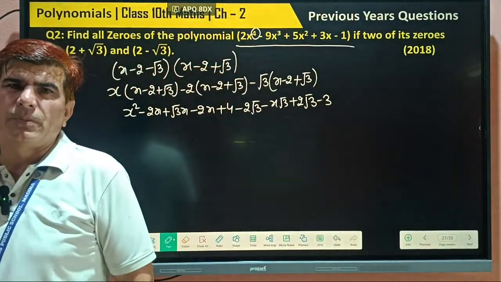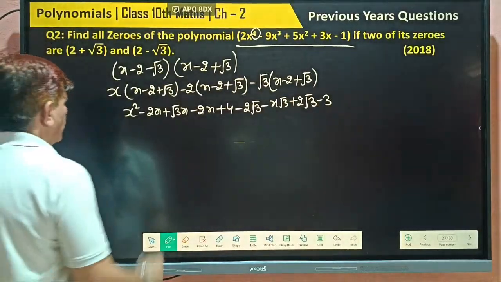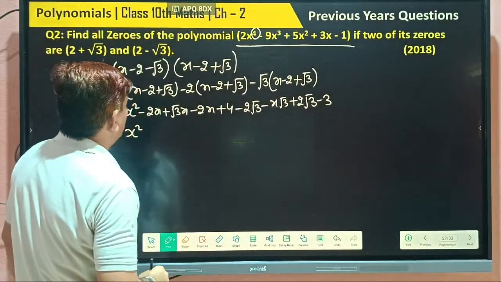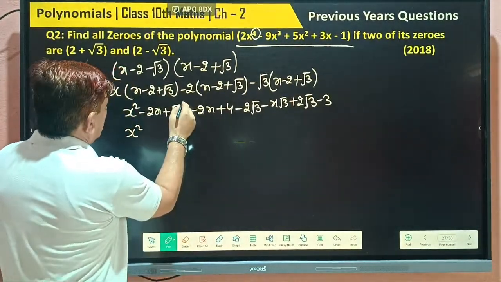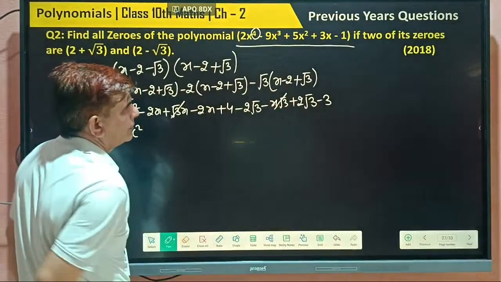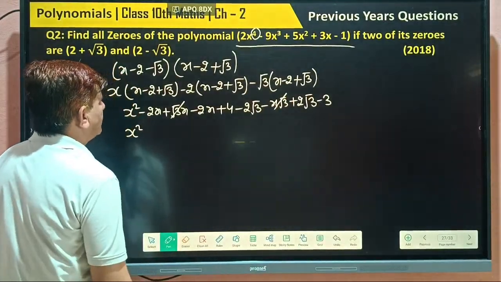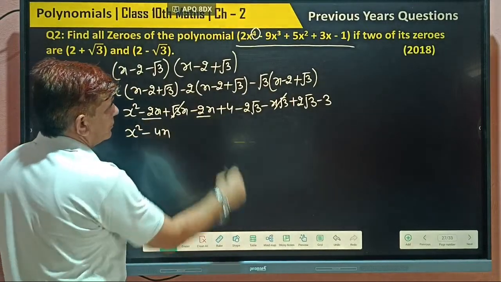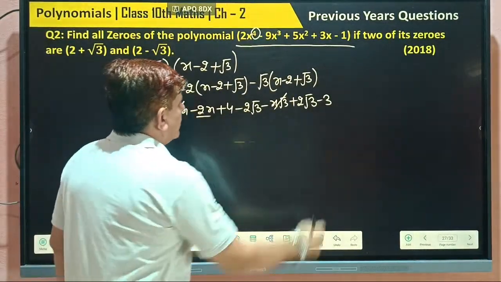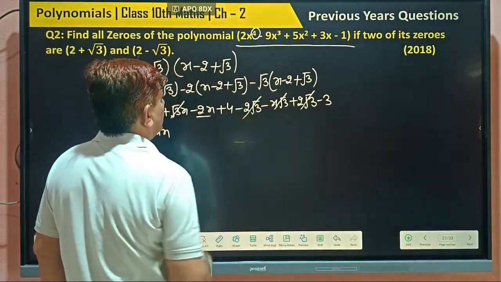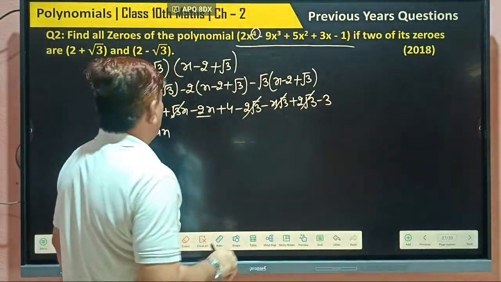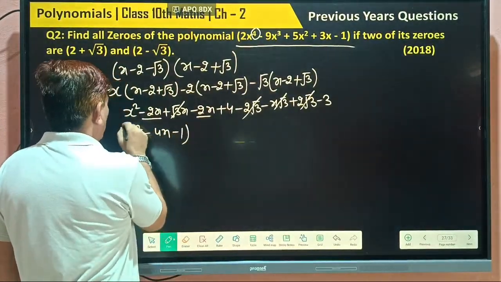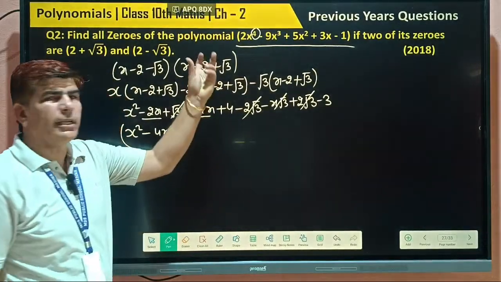Calculation of it. Understood? So x square, this cancels this, minus 2x minus 2x is minus 4x, this cancels this, so 4 minus 3 is 1, giving x square minus 4x plus 1 as the polynomial which divides this completely.